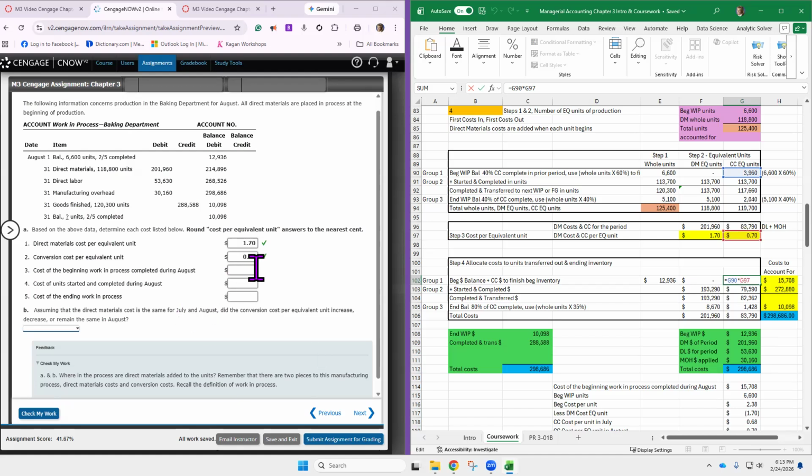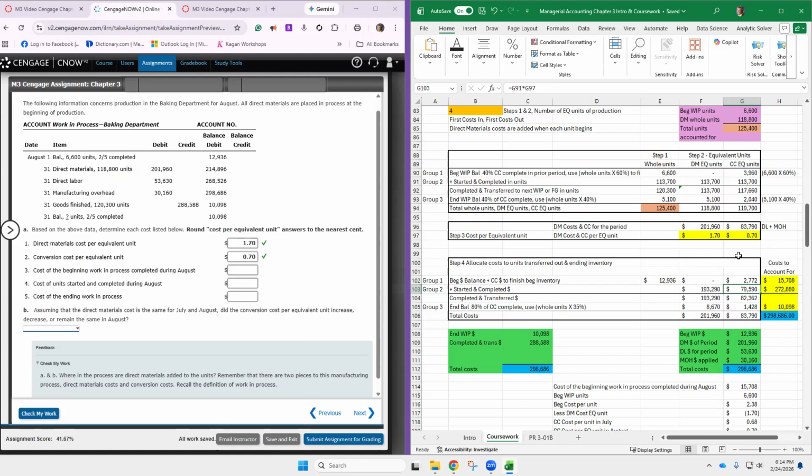That's what we put there. Okay, so here's what we've done. Once again, the beginning balance that was sitting there from July became the August beginning balance. We're going to add 3,960 units times 70.